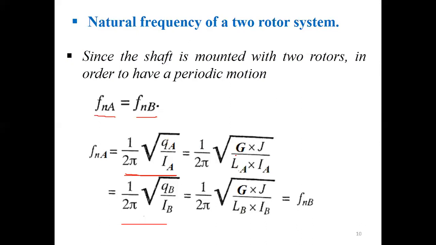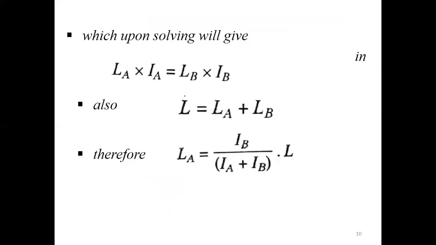And when equating FNA is equal to FNB, the rigidity modulus G will cancel each other. Similarly, polar moment of inertia J will cancel each other. And you will arrive at the final equation, which is LAIA is equal to LBIB, which is actually equation number 1.